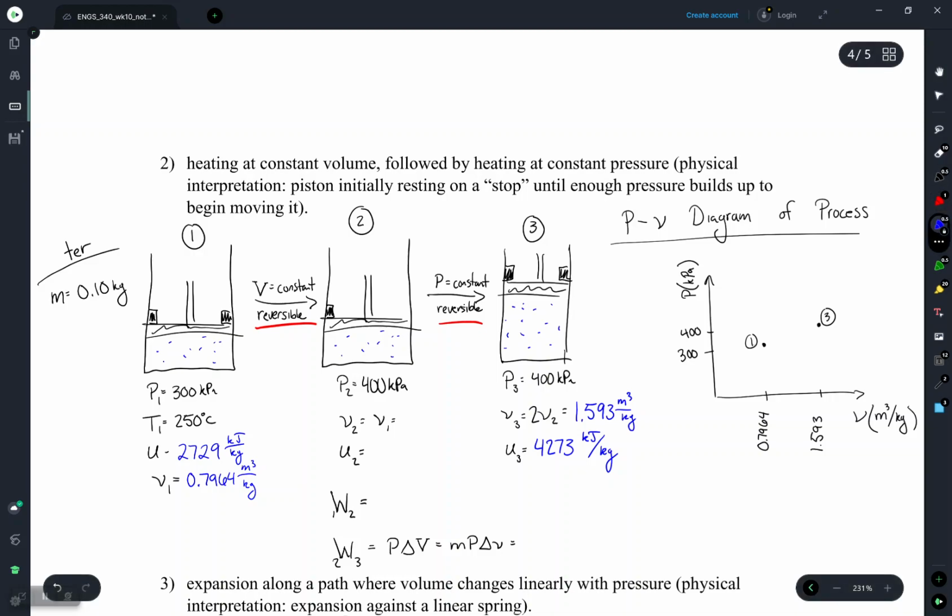So we're coming here in 2. Our volume is not changed, so it's still 0.7964 meters cubed per kilogram. Then we can look up pressure and volume with, say, something like Cat3 or in steam tables, and we can find our internal energy of 2997 kilojoules per kilogram.